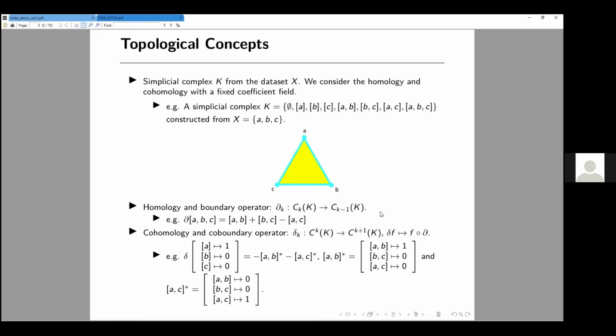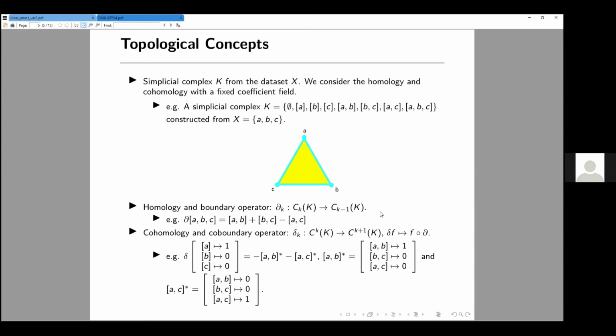However, dually, we can study the functions defined on the vertices, edges, and faces. To be more specific, we are studying the linear functionals defined on the chains, and the linear combinations of these functionals are what we call cochains.